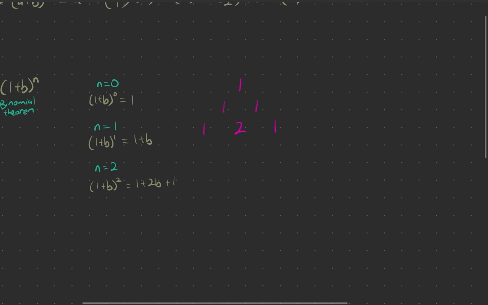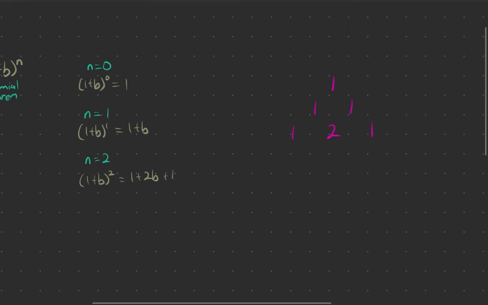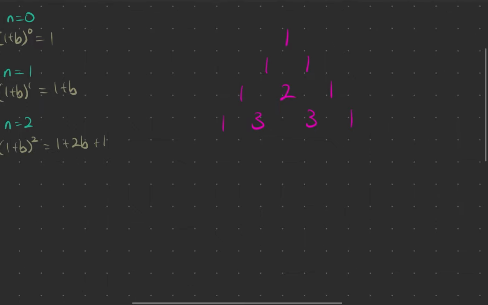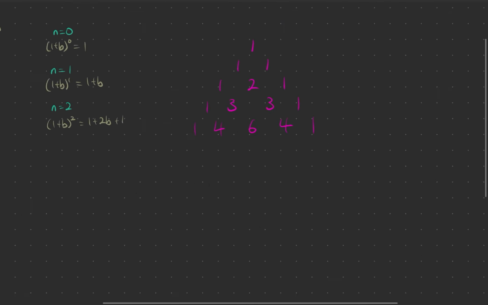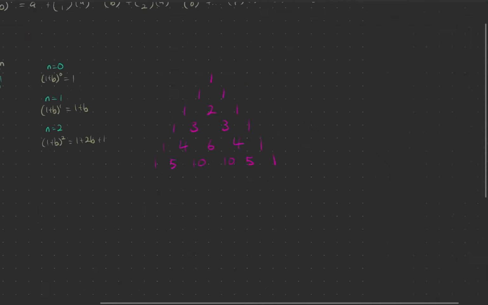So I end up getting this, starting to look a little bit like a shape, yes? So I'm going to substitute in n equals 3, so my fourth column will be 1, 3, 3, 1. And I'm going to substitute n equals 4, so my fifth column will be 1, 4, 6, 4, 1. And then n equals 5, so continue to 1, 5, 10, 10, 5, 1.